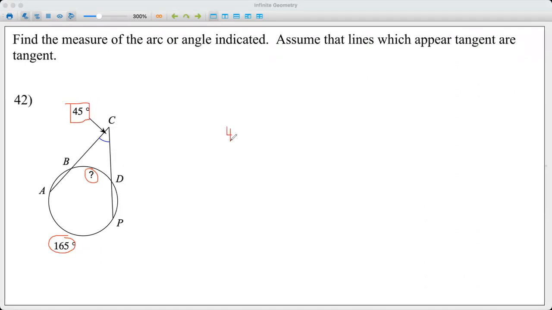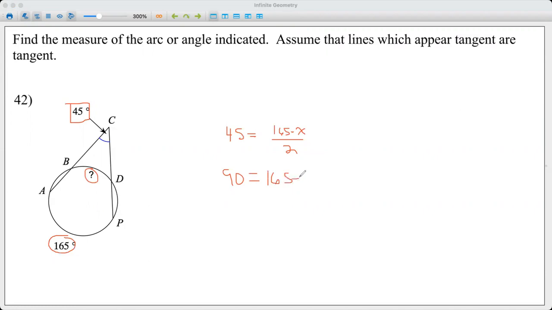So let's see, 45 would be equal to the two arcs subtracted, farthest minus nearest. So 165 minus x would be the question mark, all divided by 2, and that's supposed to equal 45. So to solve that algebraically, multiply both sides by 2. So we get 90 is equal to 165 minus x.